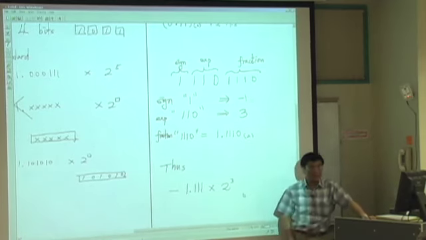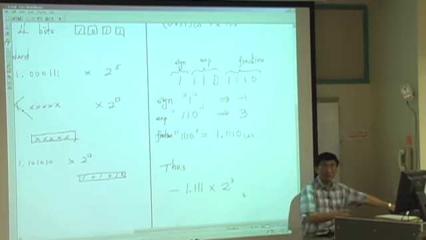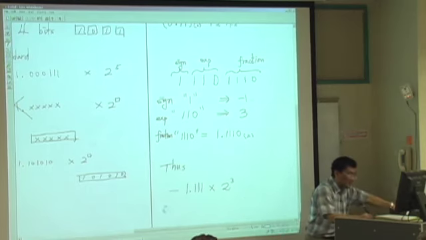Any questions? Then let's convert these things to a decimal number. Minus 1 times 2 to the power of 0 times 1, plus 1 times 2 to the power of negative 1, plus 1 times 2 to the power of negative 2, plus 1 times 2 to the power of negative 3. And then 2 to the power of 3.